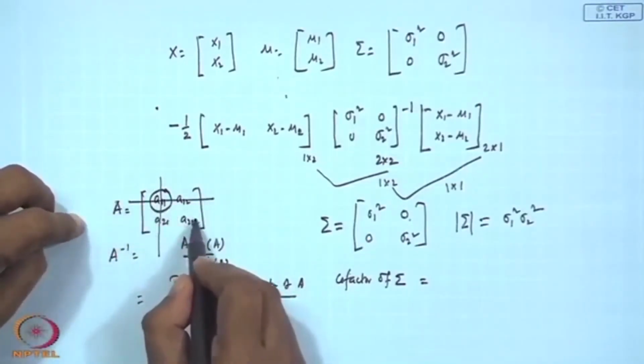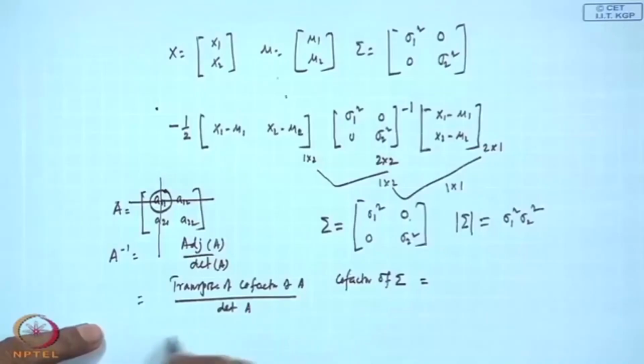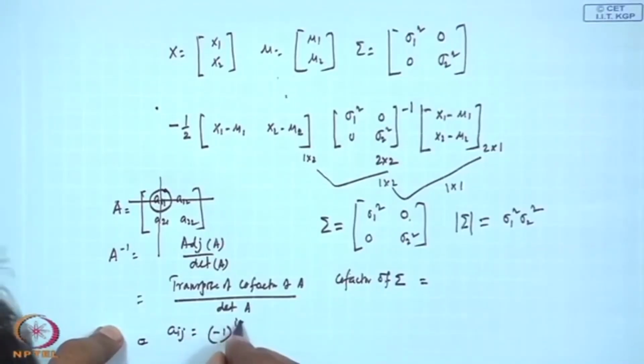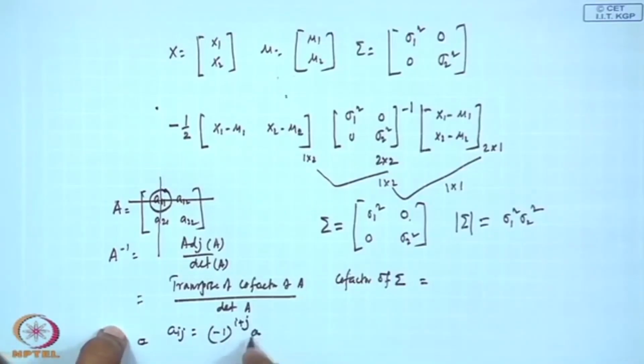What is left is the cofactor, but the sign convention will apply. So for a_ij the cofactor will be (-1) to the power i plus j, times the remaining portion of the matrix.